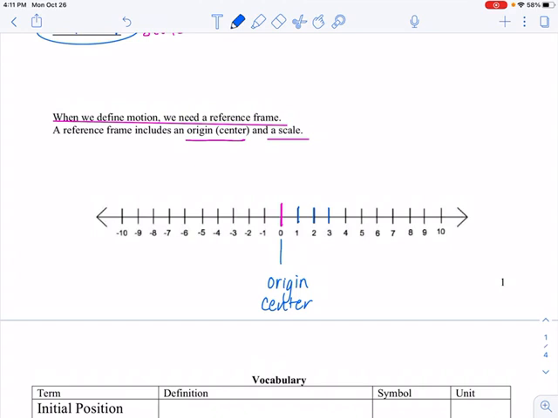That would be our scale. And the other thing that we have in our reference frame is we have direction. Now, in math, we usually say that to the right is positive and to the left is negative. In physics, you don't have to do it that way. You can swap them around, but you do need to list which way is positive and which way is negative in your orientation.